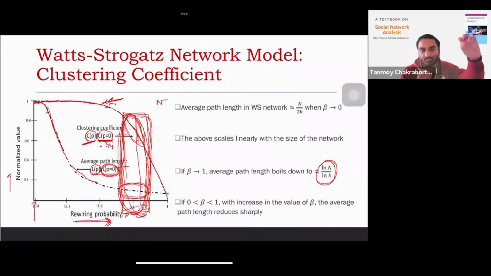You only connect a particular node to k/2 nodes in the left side and k/2 nodes in the right side. But in the case of a random network, you just rewire it randomly. So when p goes to 1, the graph is completely a random graph.